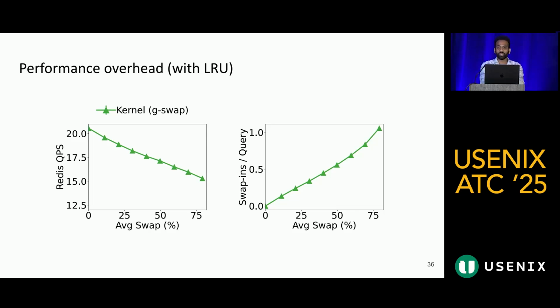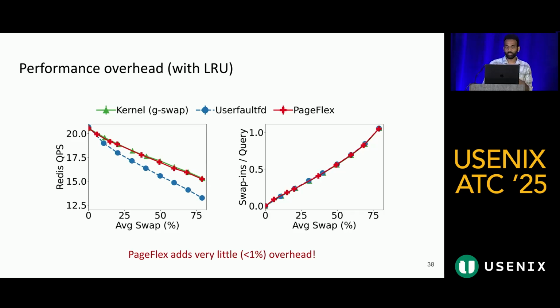And on the right, what you see is the policy functionality, so that should stay the same as I go through various implementations of the same policy. With userfaultfd emulation, we noticed that there's a significant drop in performance, up to 15% at the right. And PageFlex is able to recoup all that performance and basically perform the same as the OS implementation.